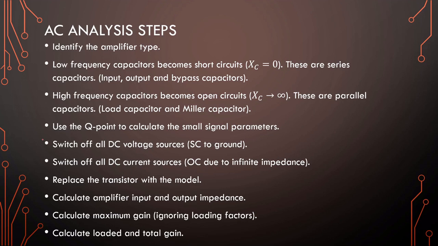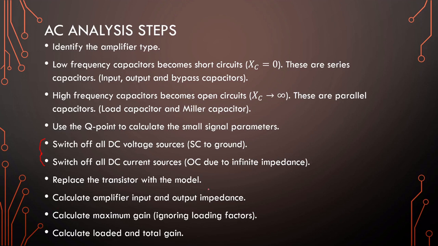So in the small signal analysis, we are removing all forms of DC. We are splitting the two analysis types. When we were doing the DC analysis, we didn't have any AC sources working. Then we're going to replace the transistor with the model that we derived in a previous video.